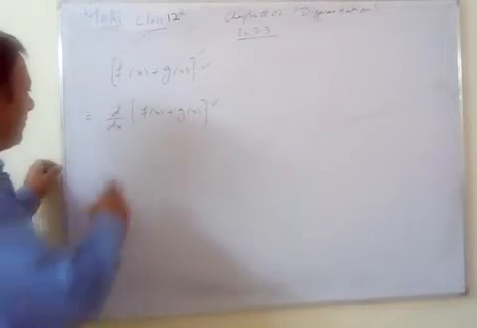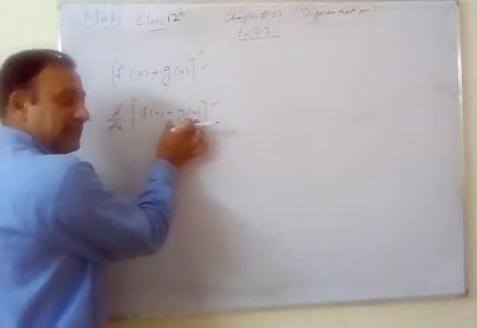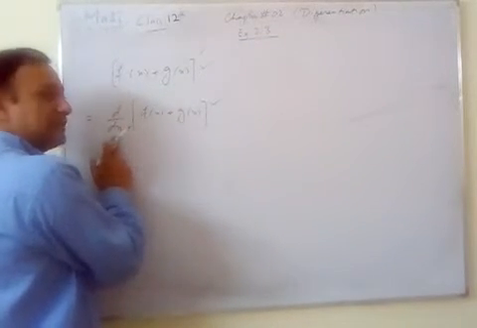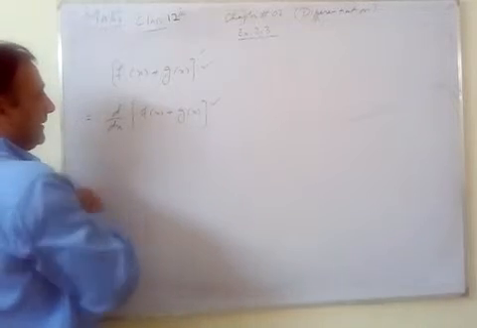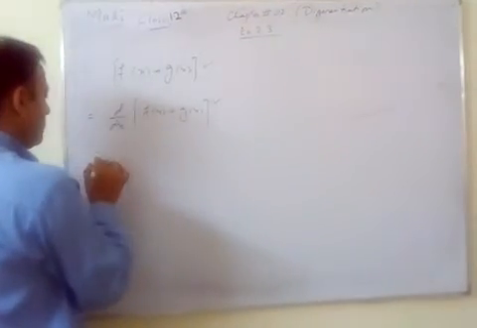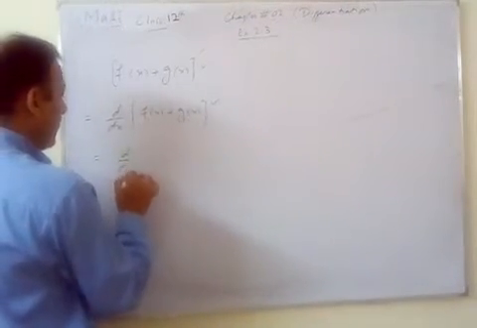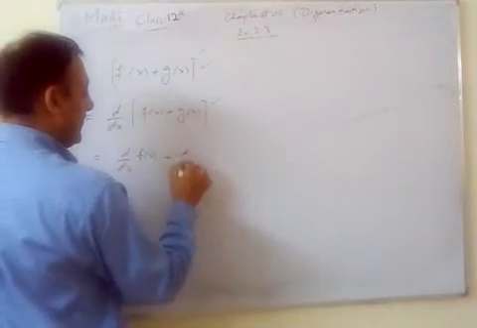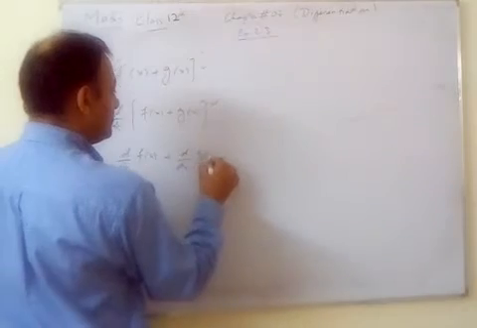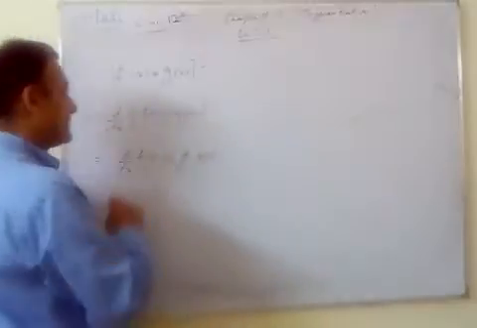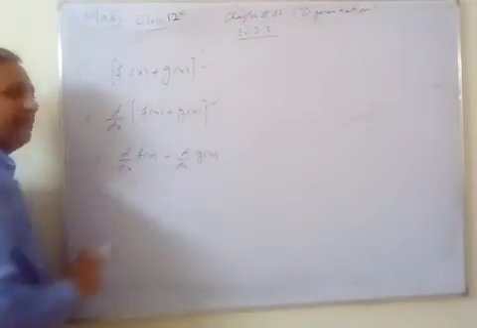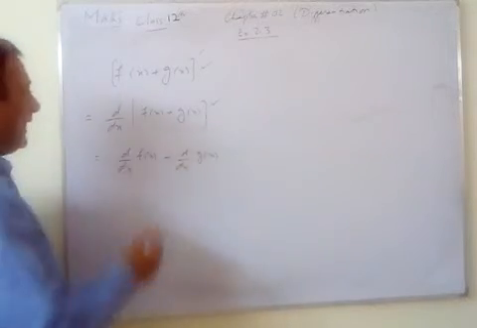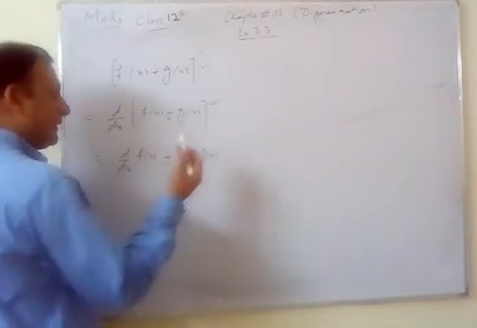How do we read it? Derivative of f of x plus g of x with respect to x. It means derivative of f of x with respect to x plus derivative of g of x with respect to x. We take both derivatives separately. And if it is a minus sign, we can take minus.